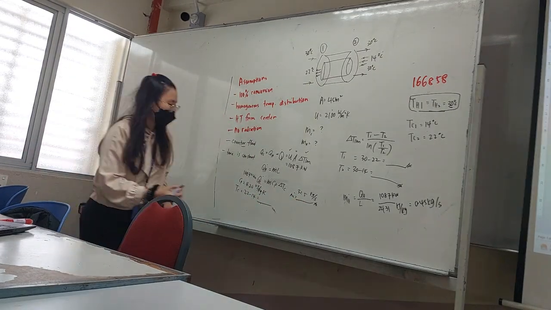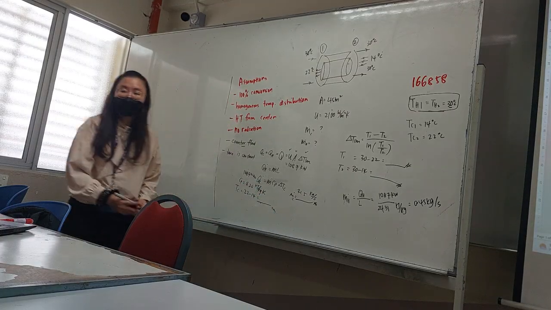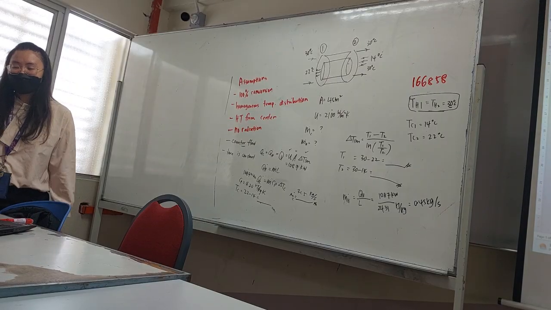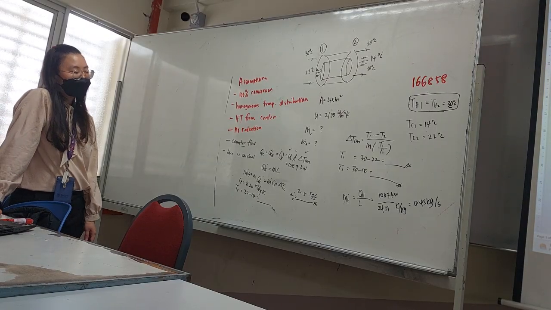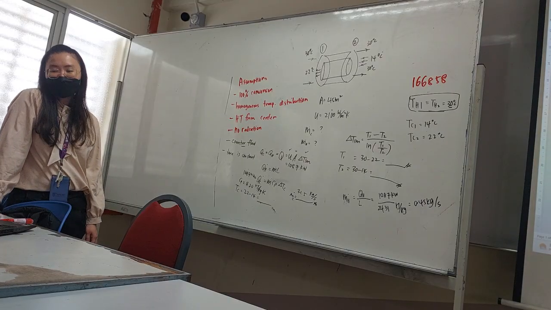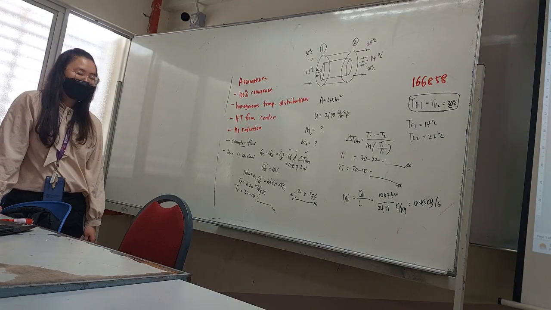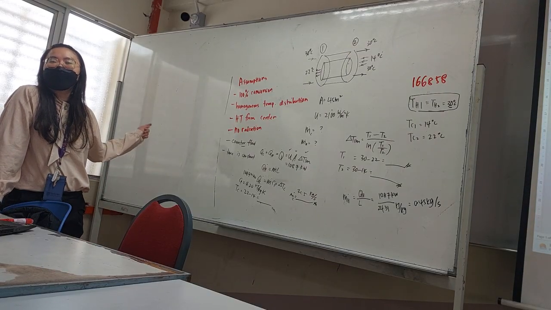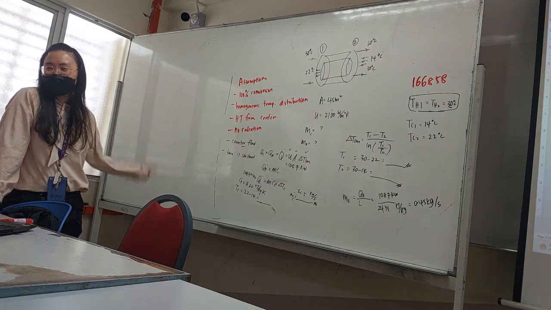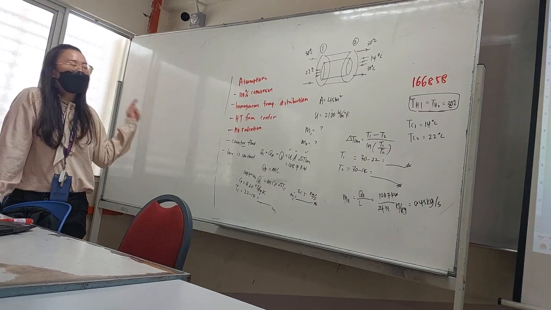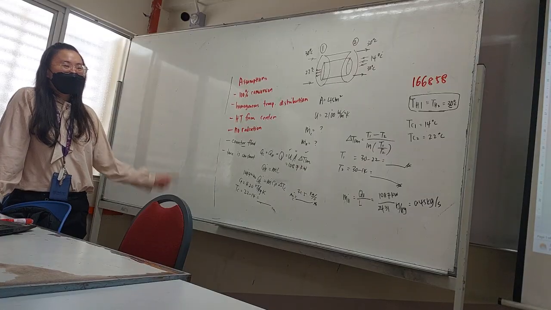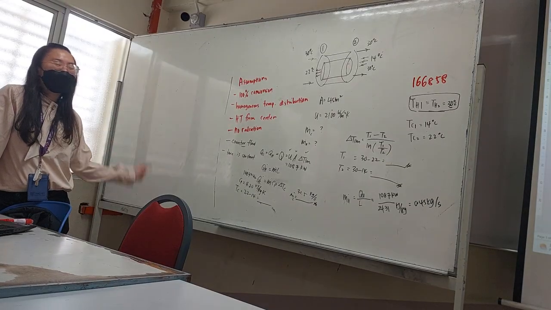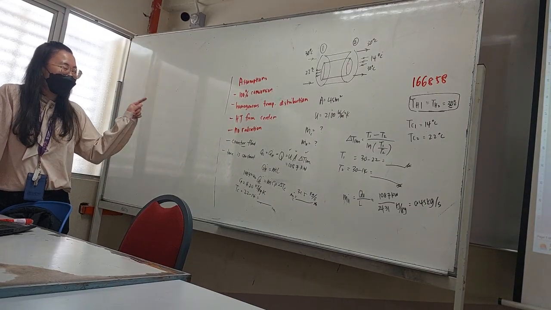The m for cold water, 32.5. Very straightforward, sir. I expect you all can answer in the final exam. The one I worry about is only the sketching of the curve, because I think some of you made mistakes in your lab report. Only the curve. The calculation part, I think no issue.